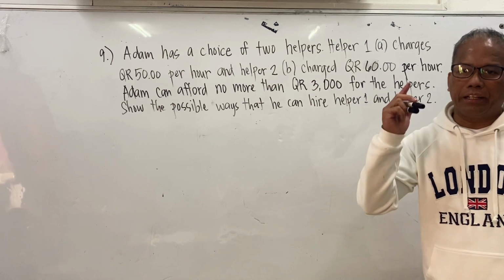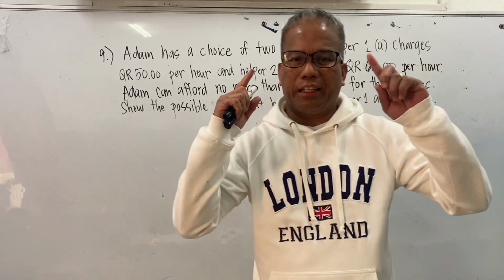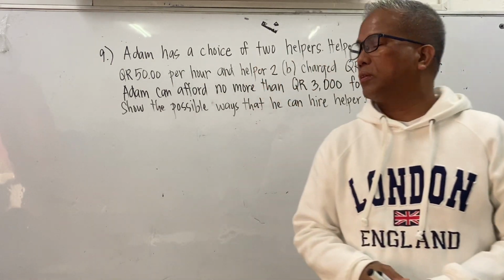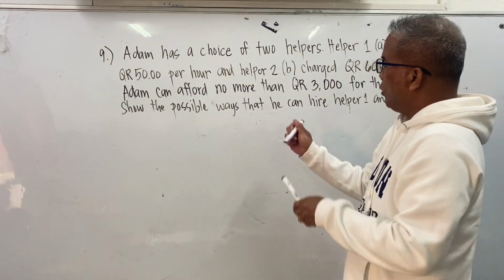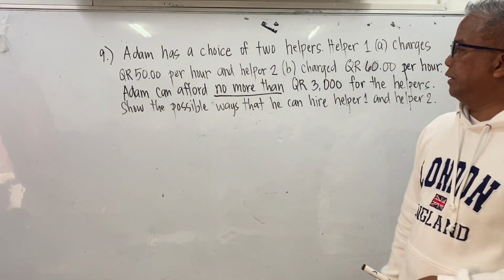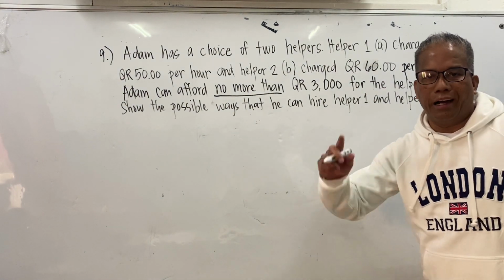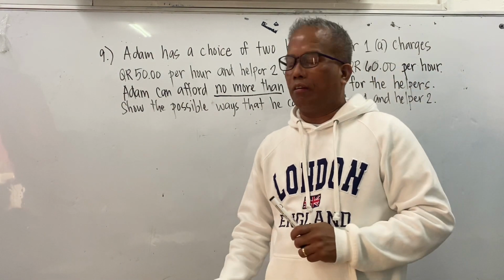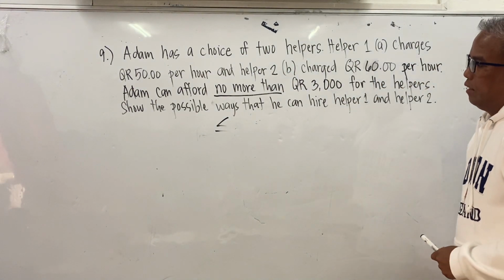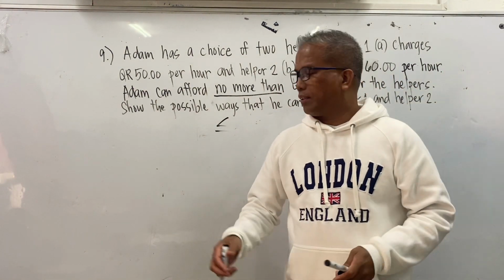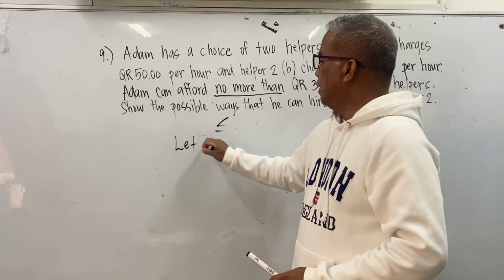Now, let us identify first the inequality that you are going to use. From the given problem, we have no more than, which means, again, less than or equal. We are going to use this inequality. First, let us write the given.